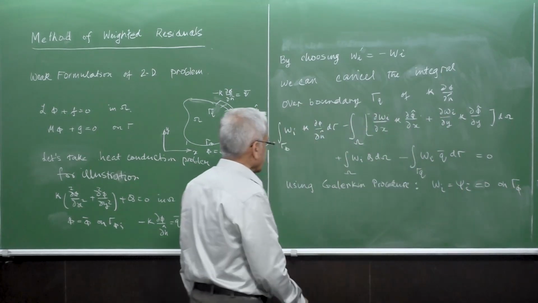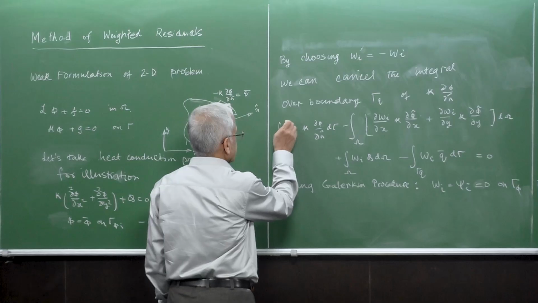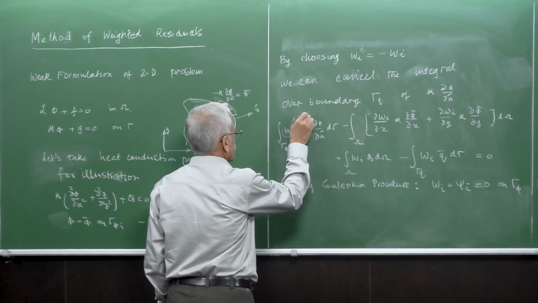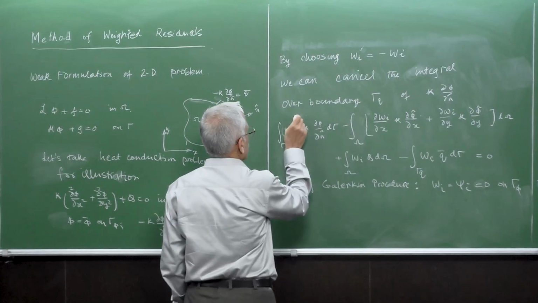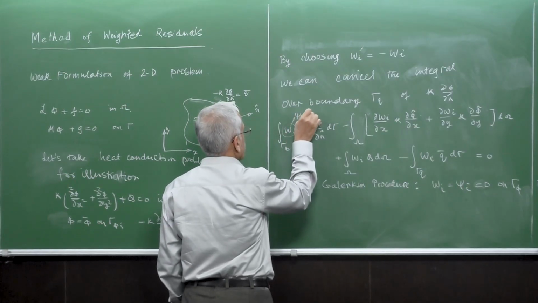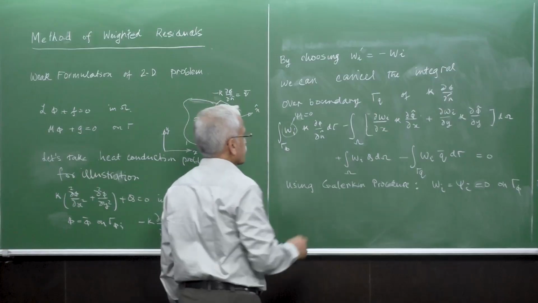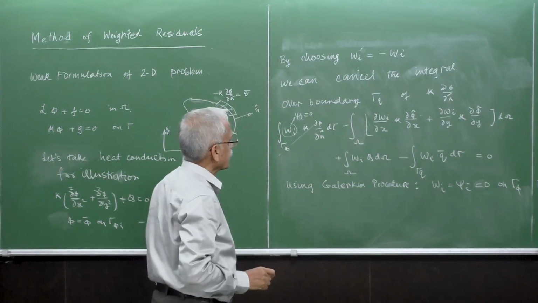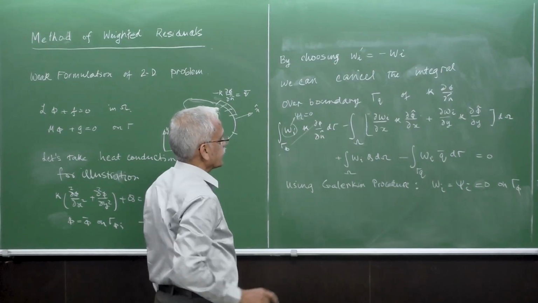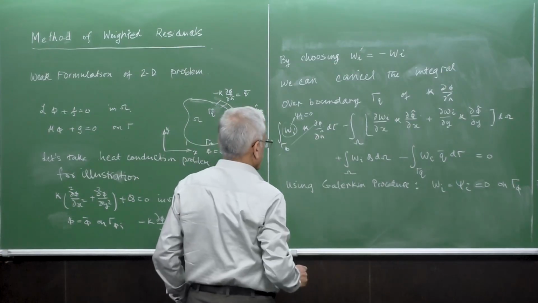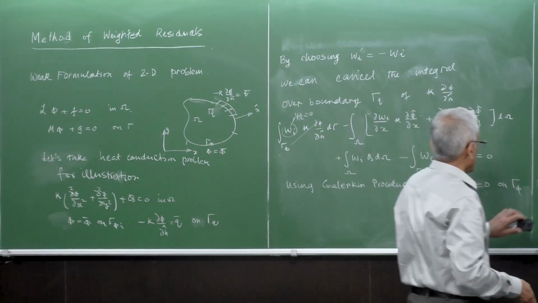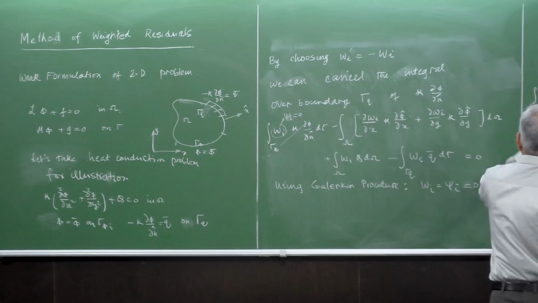So if that is the case, then this integral here is going to be 0, since psi I is equal to 0 on gamma phi. So this term also now disappears, leaving only this one here, right? Now we can rewrite this whole equation and collect the terms properly.